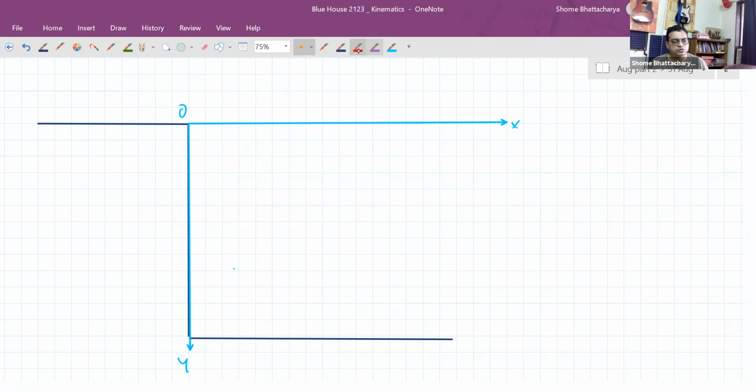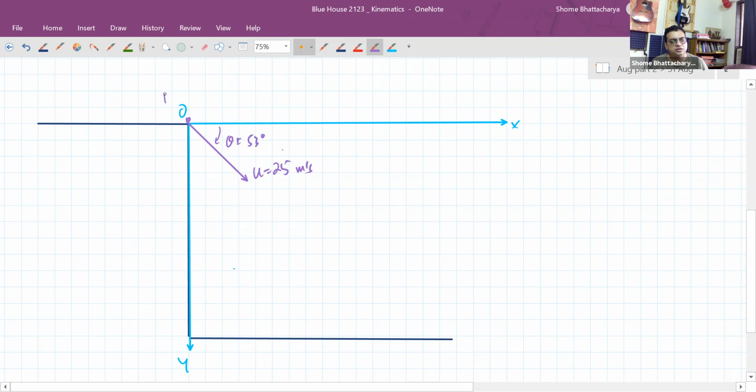So the first thing you have to do is express the initial velocity in component form, okay, for the given coordinate system. So 25 meters per second at an angle like this of 53 degrees at t equal to 0.